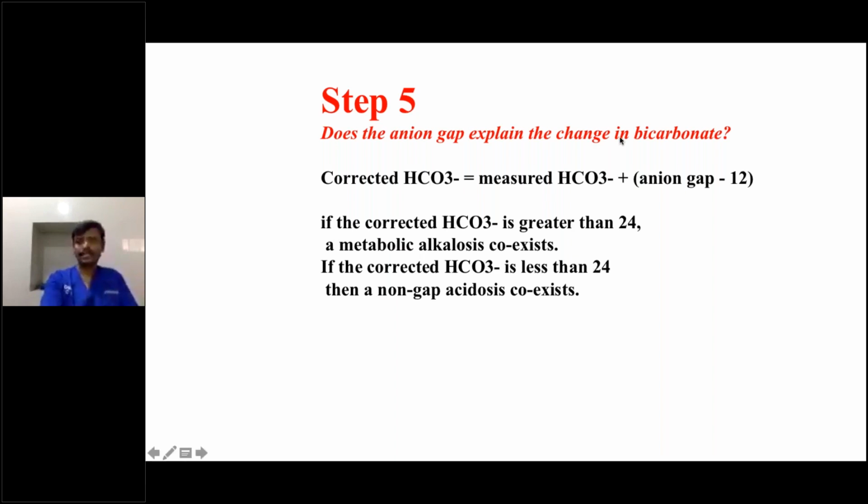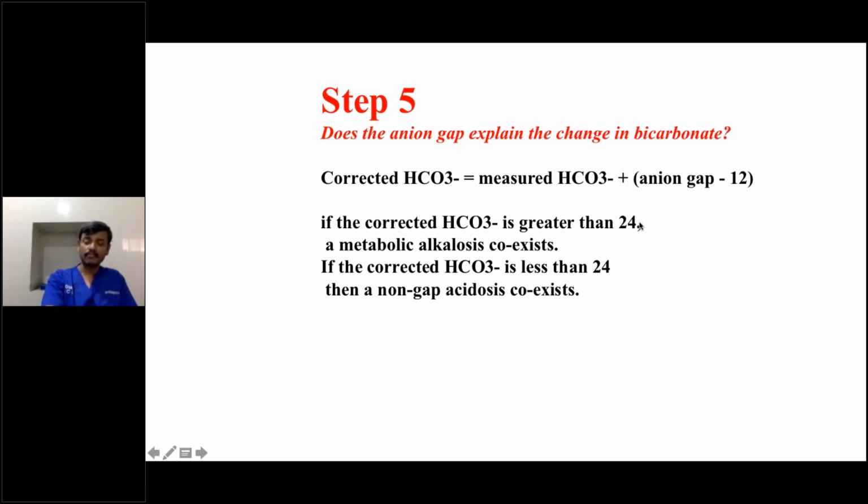How are we correcting? Anion gap minus 12 is called the delta gap. Anion gap minus 12 is taken as normal. Whatever anion gap value we get, minus 12, should be added to the measured bicarbonate. It becomes the corrected bicarbonate, and it should always be 24. Why are we taking 24?